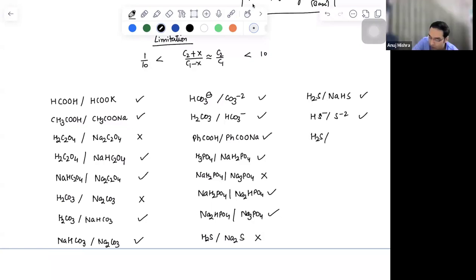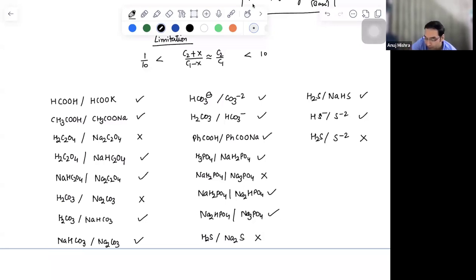And H2S, S2 minus, is it a buffer? No. I hope now it is very clear. If you have to draw the conjugate, it should be the next conjugate, not next to next conjugate. Because with one conjugate the value will drop by 10 power 4 units. If you bring the other one, there is a 10 power 8, 10 power 9 unit difference. You won't get any buffer there, right? It will be a different compound altogether.